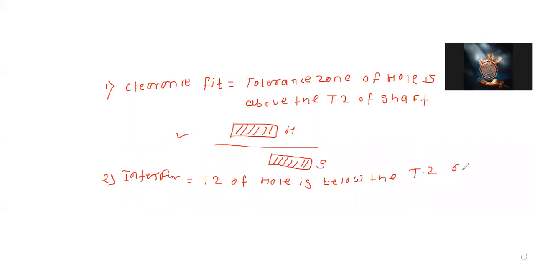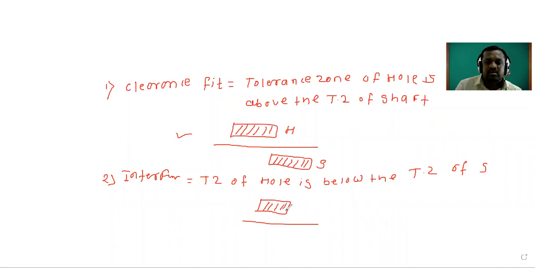Then how to represent it? Again, suppose this is the basic size. So this is the tolerance zone for the shaft, and this is the tolerance zone for the hole. Such a condition. And the last is the transition fit.